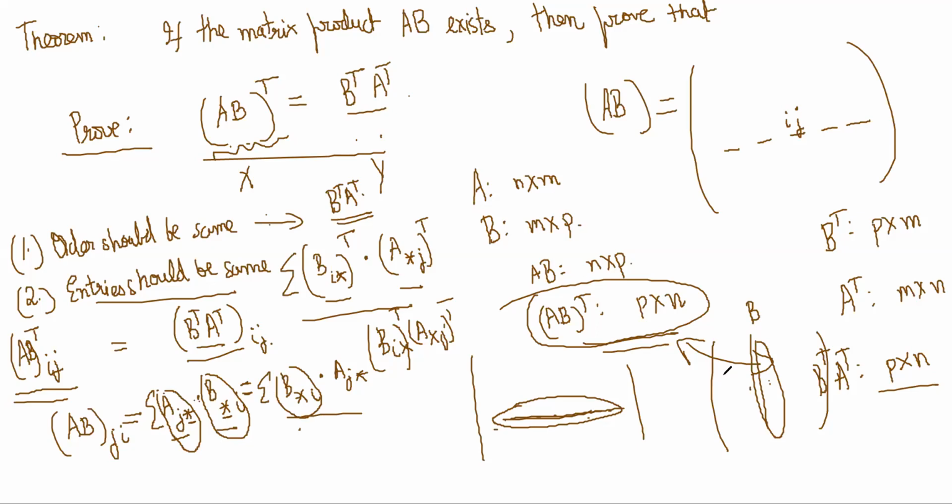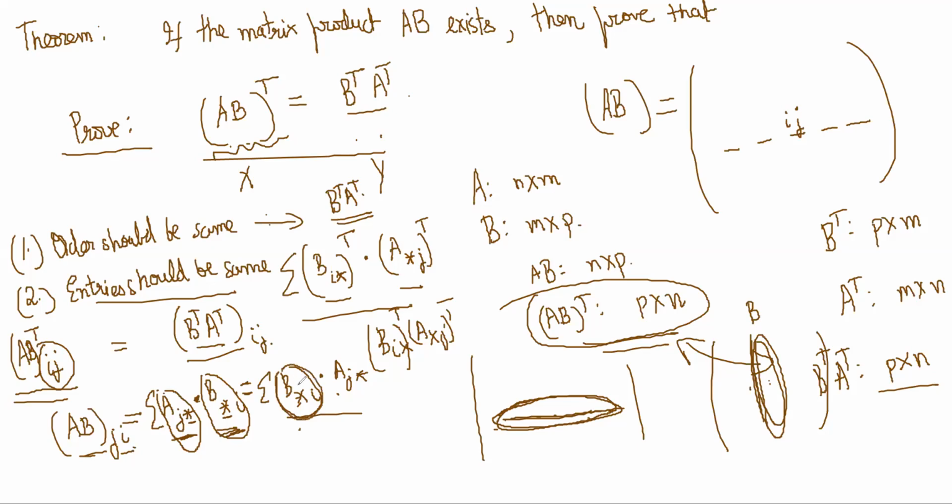So basically this is the meaning of the product. First we confirmed the order was the same. Then we thought about the meaning of AB transpose: its ij entry is the ji entry of AB, which will be gotten like this. But the dot product is commutative, so this vector and this vector you can write as this into this.